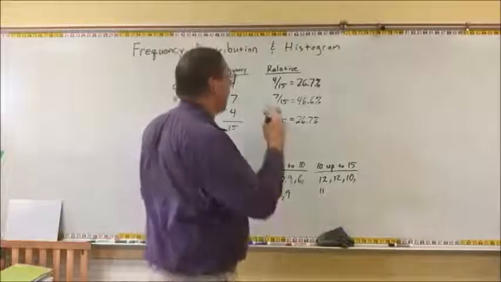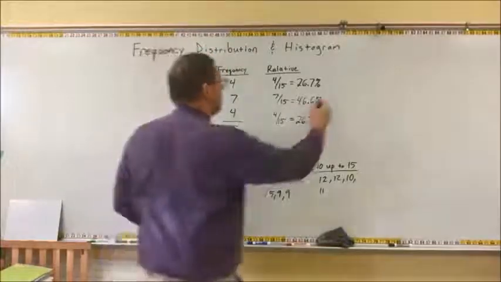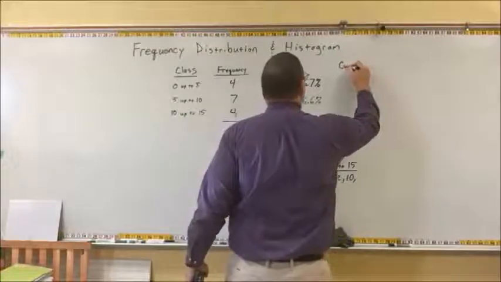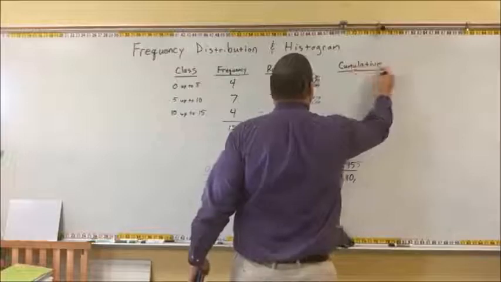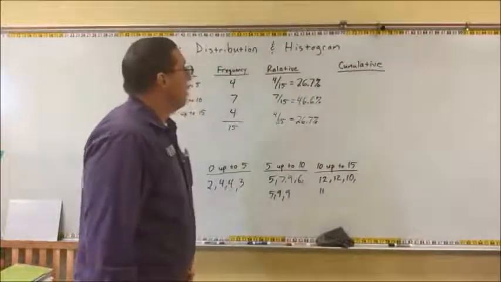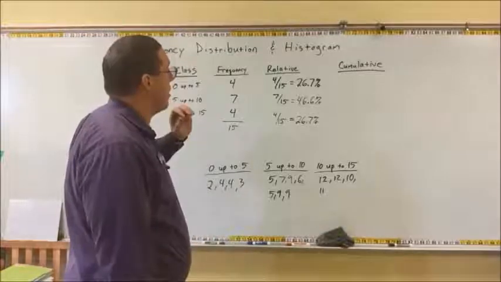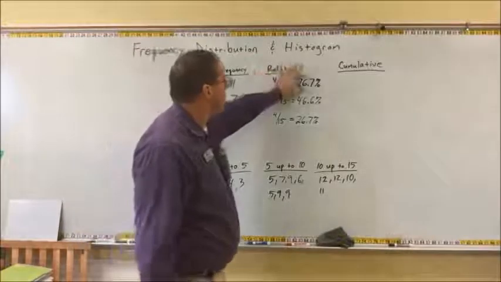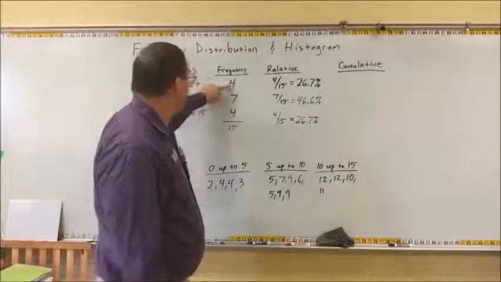All right? We're going to add one more column to complete our frequency distribution, and that is the cumulative frequency distribution. What the cumulative frequency distribution does is it accumulates the percentages as we go up. It also accumulates the amounts.